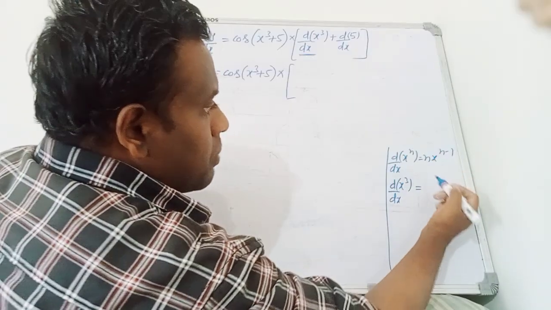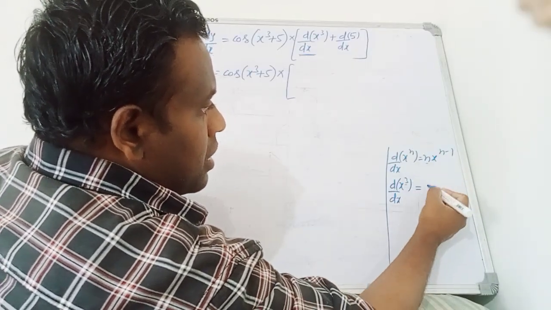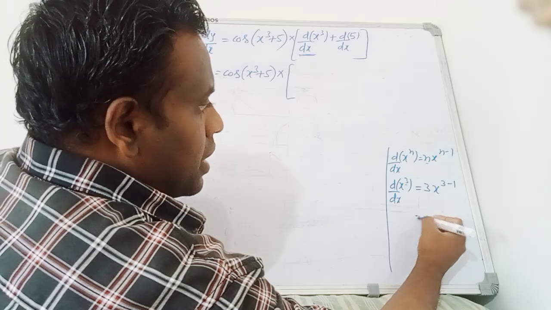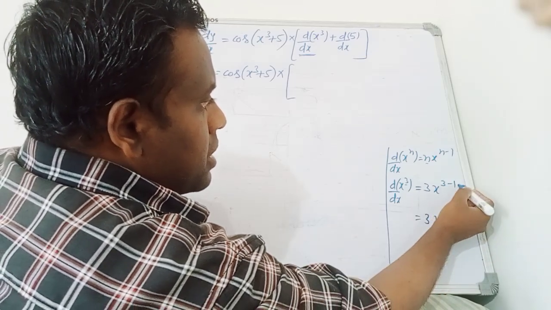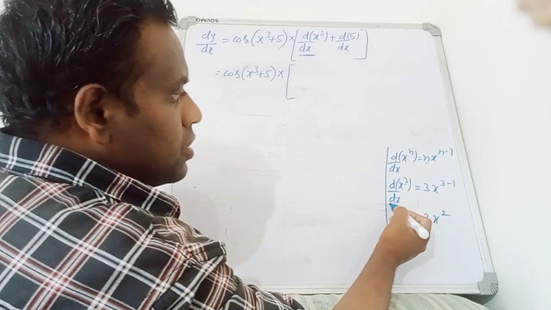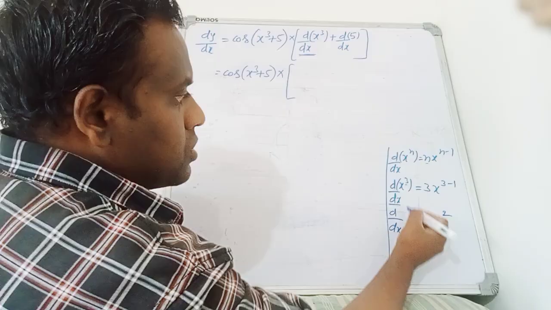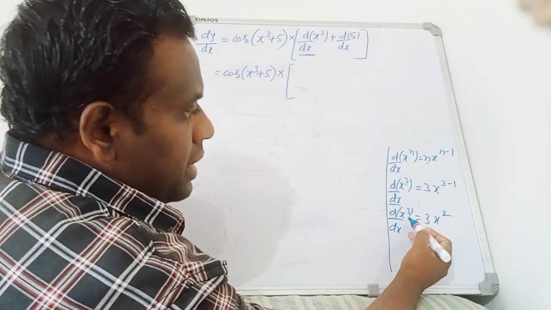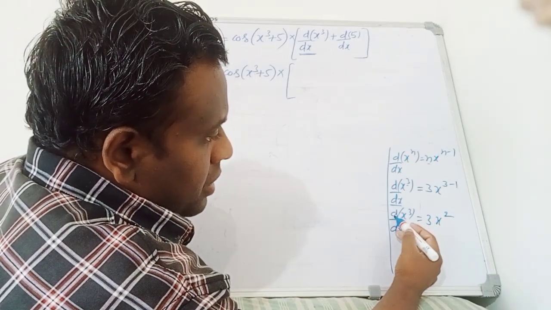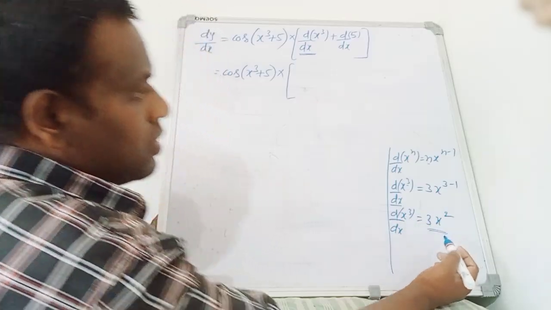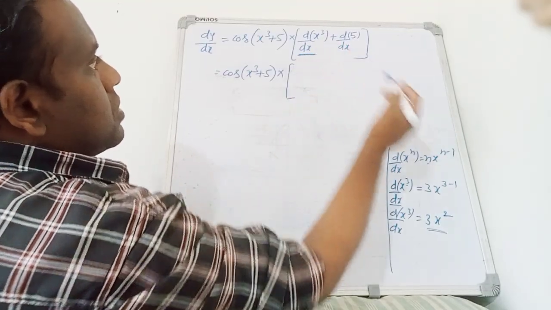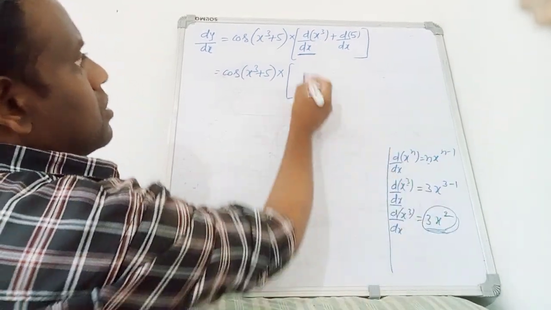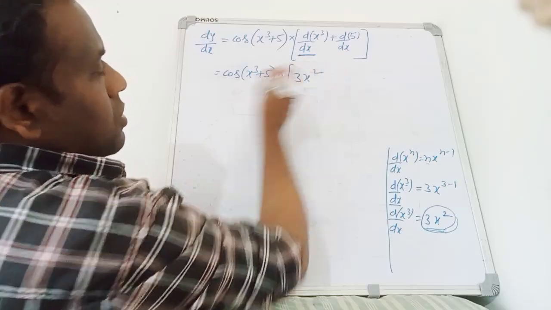According to the formula, this is equal to 3 x to the power of 3 minus 1, and 3 minus 1 is 2. So d by dx of x cube is 3x square.